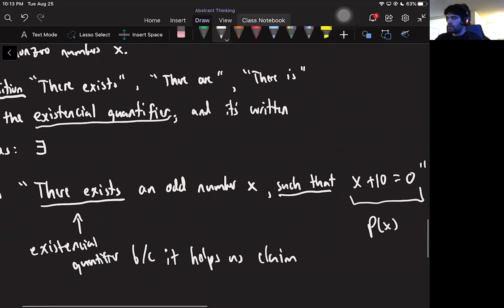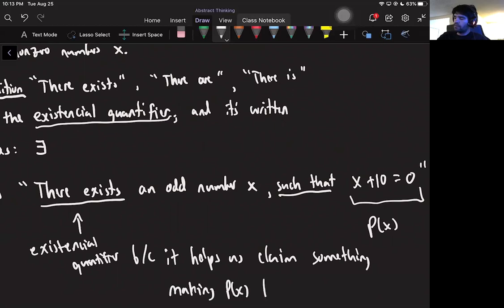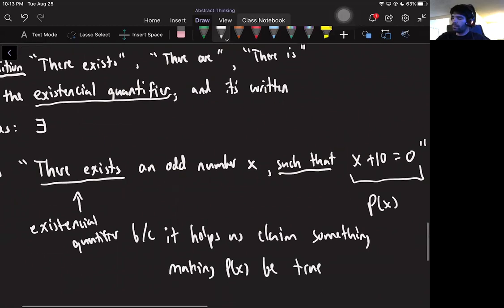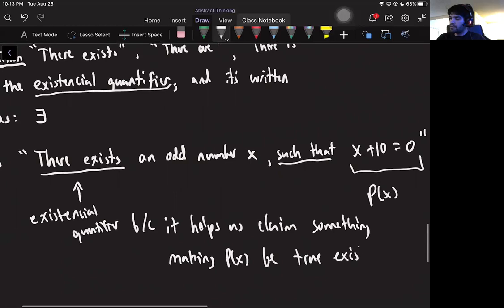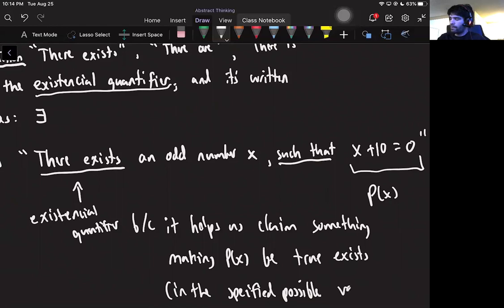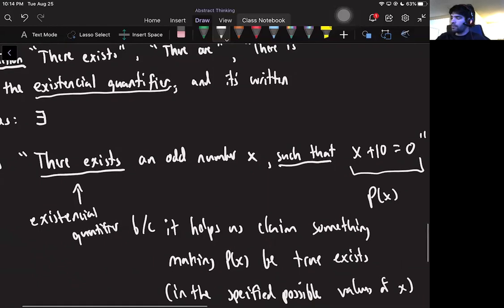Okay, it helps us claim something making P of x be true exists, but in the specified possible values of x. The specified possible values of x this time are odd numbers.